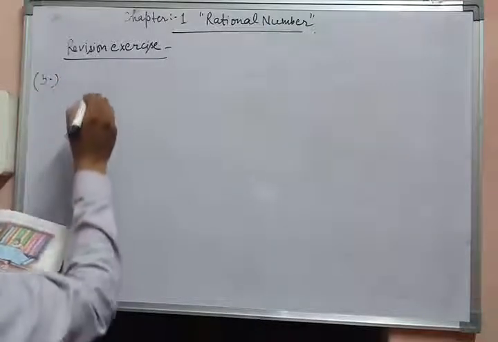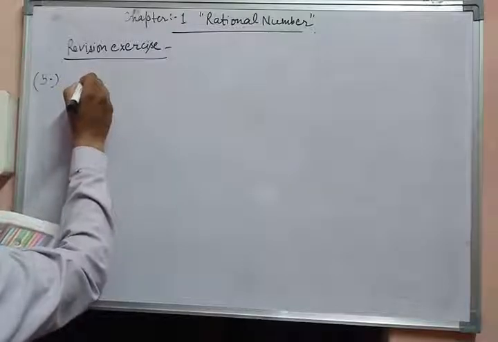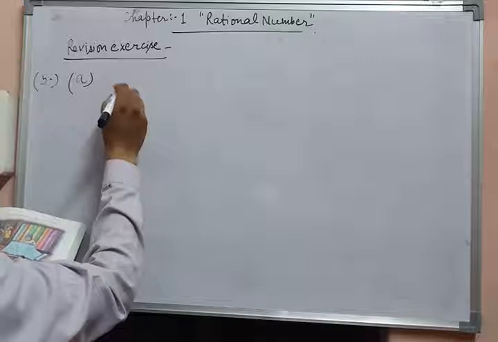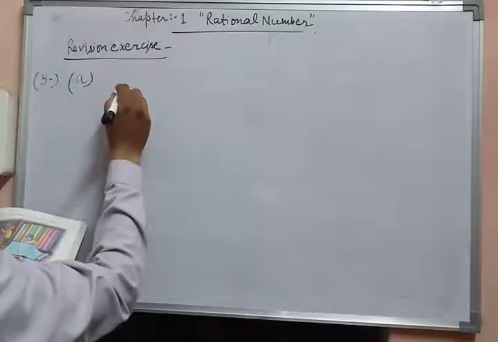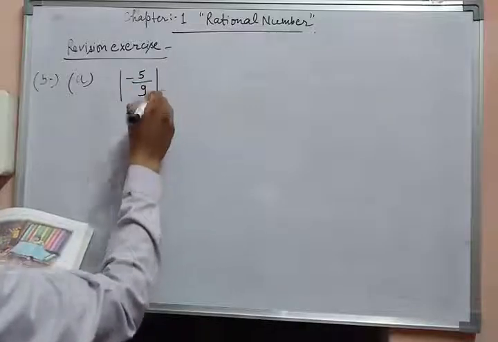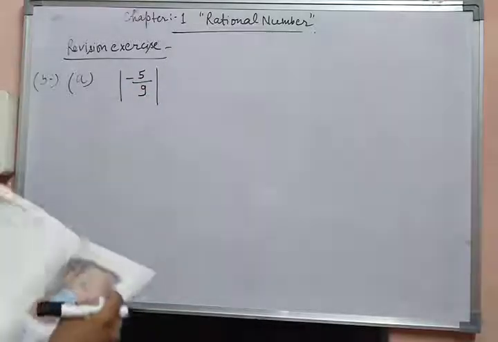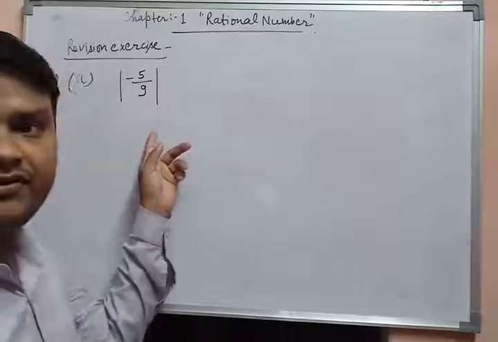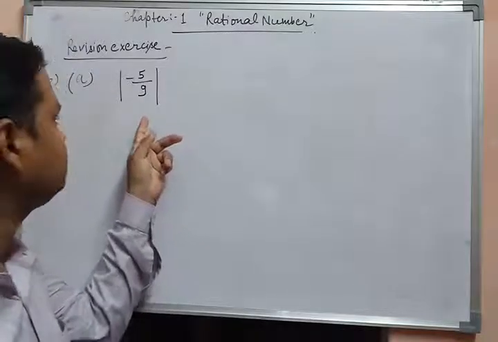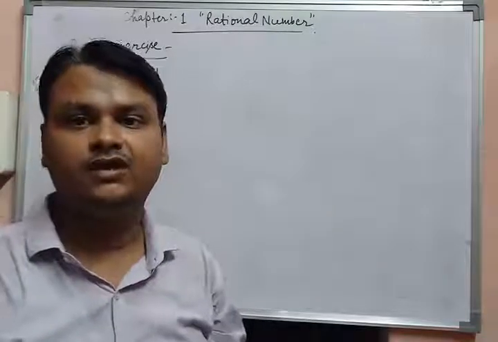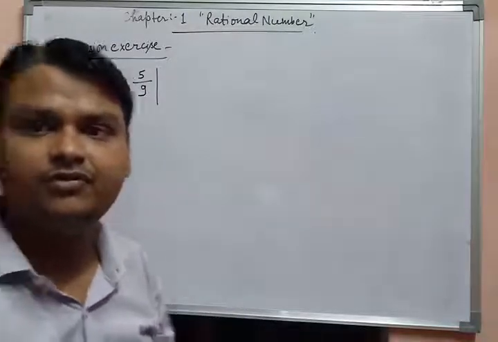Find the absolute value of the following. Minus 5/9. Listen students, we have to find the absolute value of this. First of all, you have to know what absolute value is.